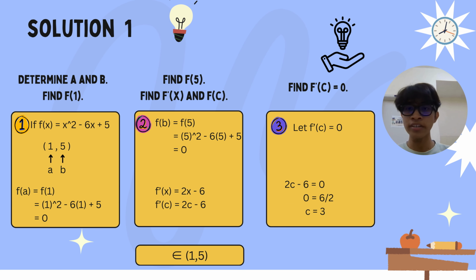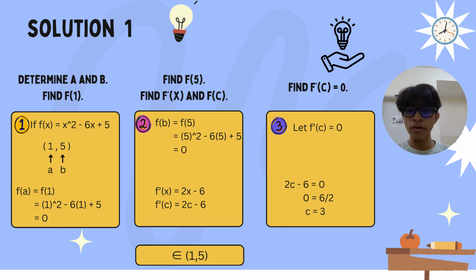Now, I will share the solution for question 1. First of all, we need to determine a and b. First, we need to find f(a). If f(x) equals x squared minus 6x plus 5, the interval given is [1, 5], which is 1 for a, 5 for b. For f(a), we substitute 1 into the equation.